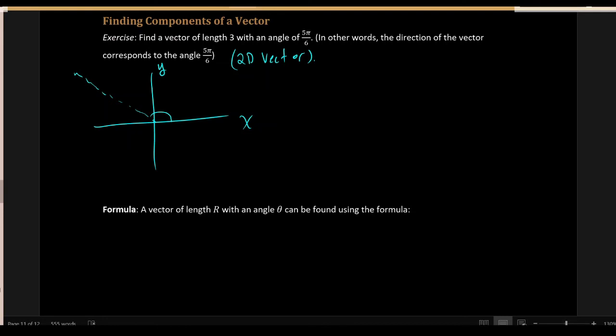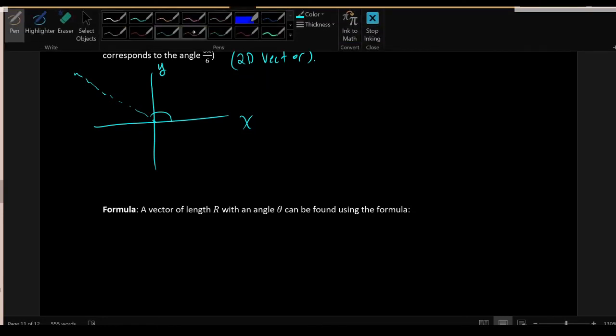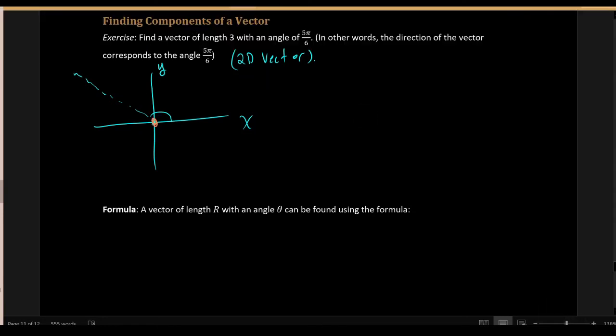And we want to draw a vector which is 3 units long, starting from the origin along this ray, 3 units. So the question is, where is the terminal point of this vector? Where is the head of this arrow located as drawn starting from the origin?